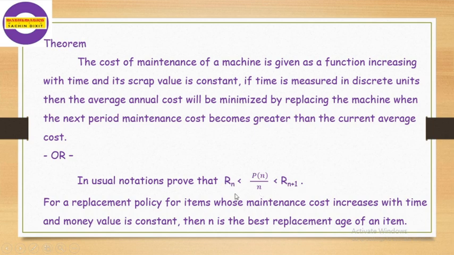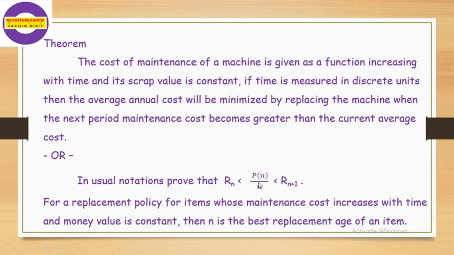Rn is the maintenance cost at nth year and Pn upon n is the average annual cost, and this Rn plus 1 is the next period's maintenance cost. And here we have to show that the next period's maintenance cost, that is Rn plus 1, is greater than the current average cost, that is Pn upon n.